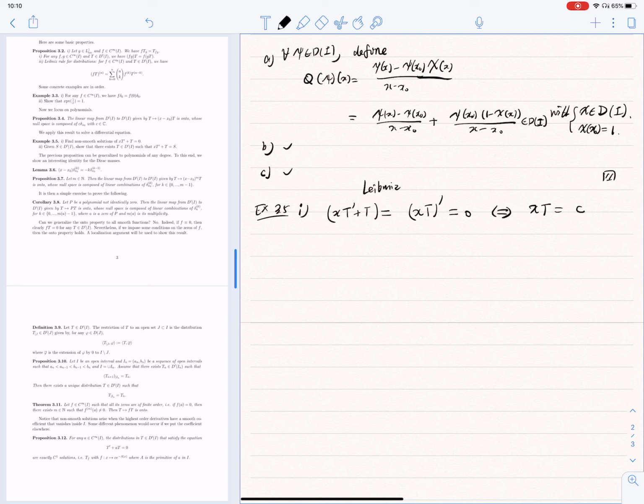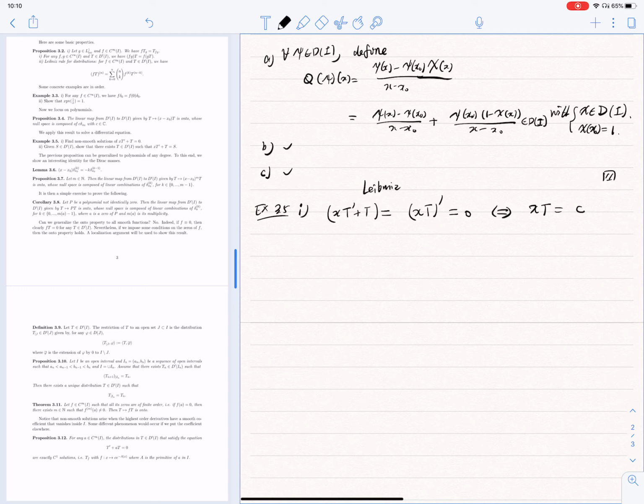And then since we have shown that the null space of multiplication by a linear function is given by Dirac masses, the Dirac mass may be a solution. Dirac mass could be the solution if C is equal to 0.